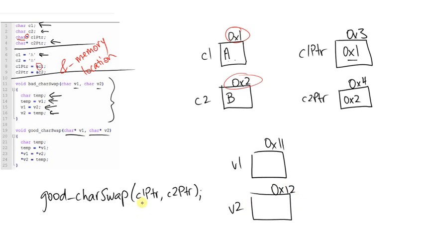And what we pass in are C1 pointer and C2 pointer. Now, even though we're passing the pointers, the values are still copied. So what's the value of C1 pointer? The value is 0x1. So it's this value that gets copied into V1. And same for C2 pointer, the value of that gets copied into V2.